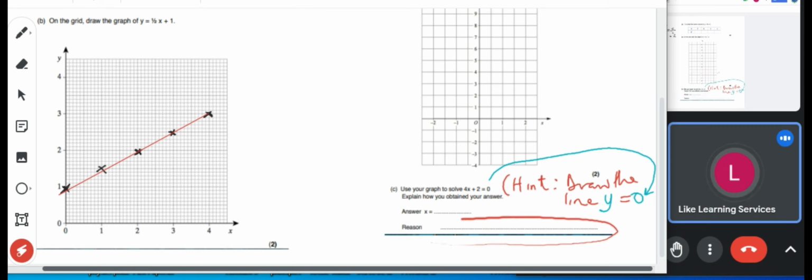For your reason, you simply say this is where they cross themselves. This is where the two graphs cross themselves. That's what you were going to write as your reason, okay? Or you can say this is where the two graphs intersect.